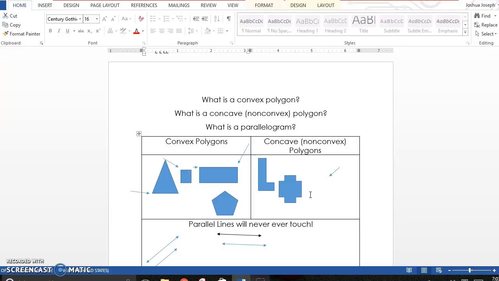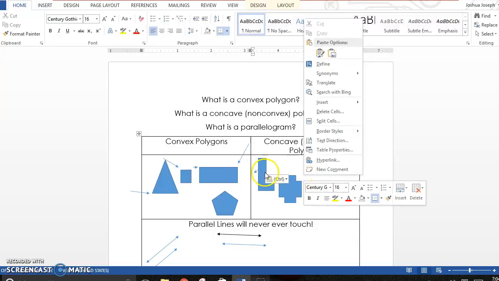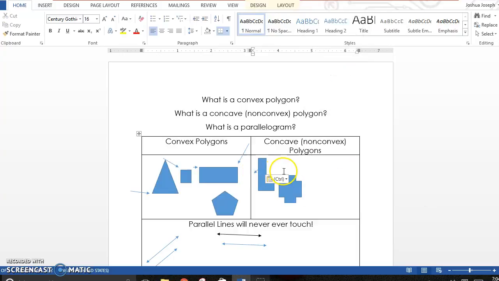So what's the difference? Well, if you notice where the arrows are pointing, they're pointing at the vertices of all these polygons. And the vertices of convex polygons look very, very different than the vertices of concave or non-convex polygons. Look at this vertex. Look at that vertex. And let's look at this vertex all the way over there.